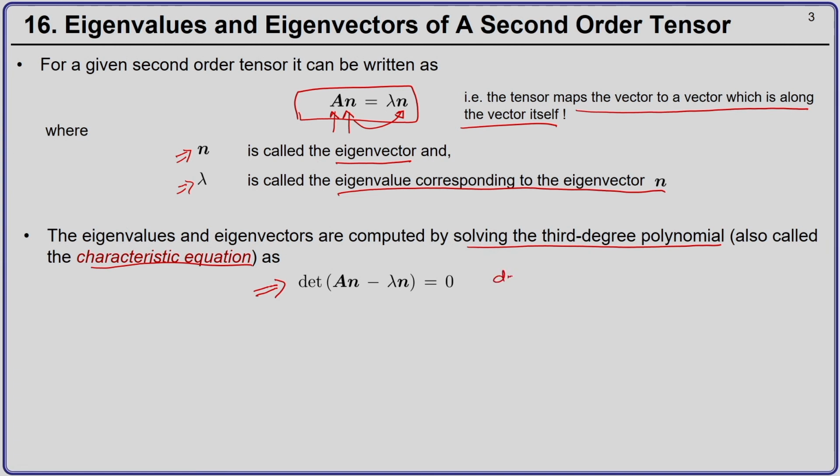Using matrix notation, this would be the determinant of A into vector n minus lambda vector n equal to 0.